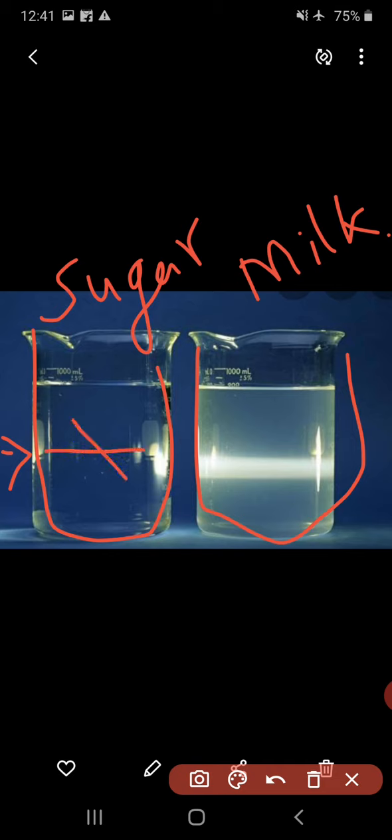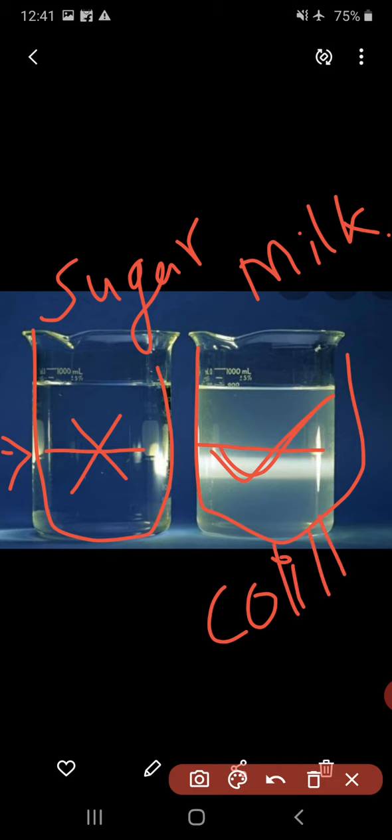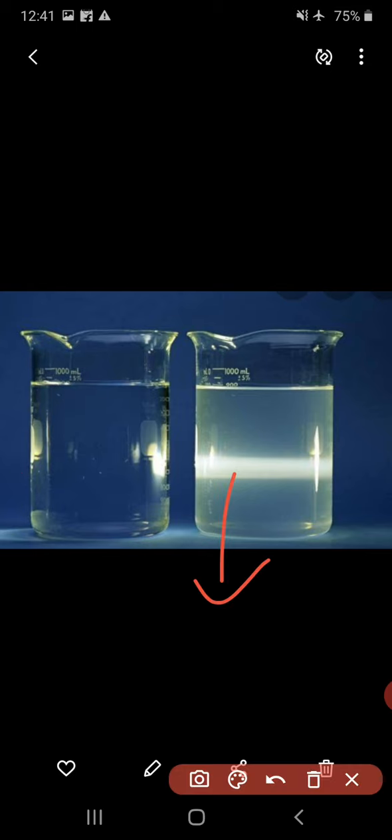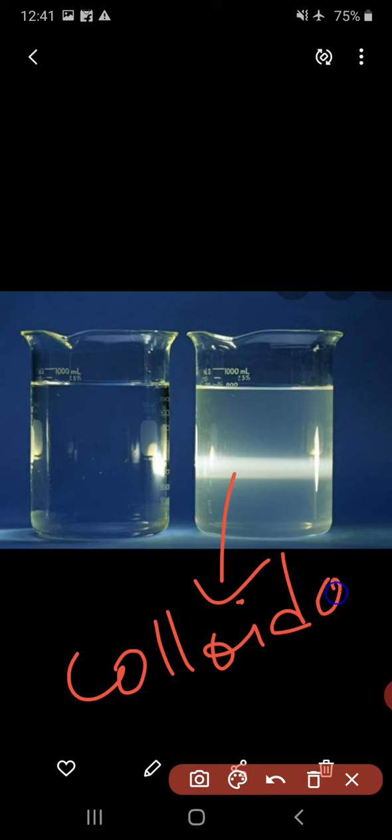No. But here we can easily see the beam of light in the solution, that is a colloid. Milk solution means a colloidal solution.